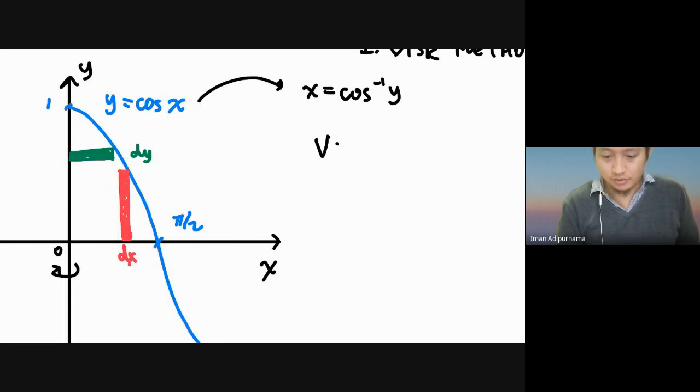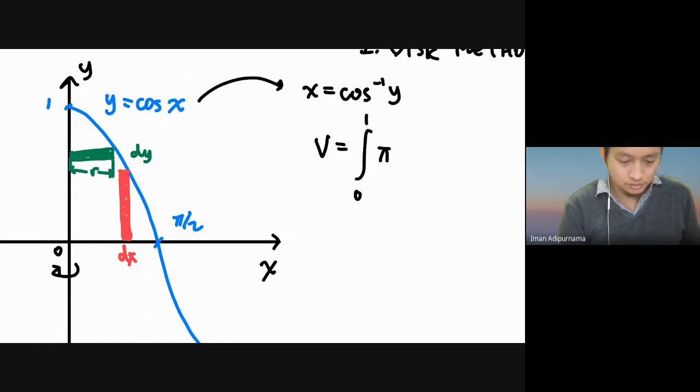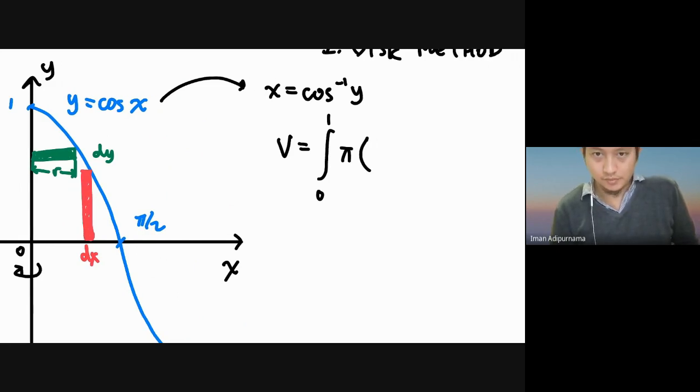So the volume will be the integration from 0 to 1 of pi, and then the radius is, let's call it, this will be the radius. So the radius will be cos inverse y squared dy.